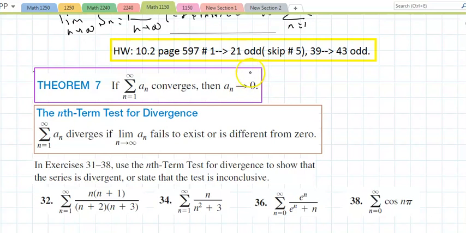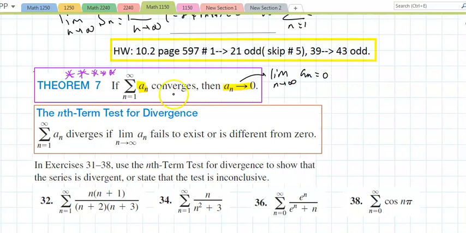This theorem says if a series converges, then automatically the limit as n approaches infinity. Remember we said they write limits sometimes like that. This is saying the limit as n approaches infinity of a sub n equals 0.